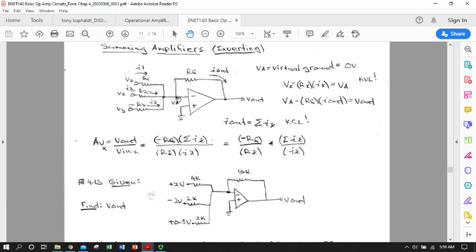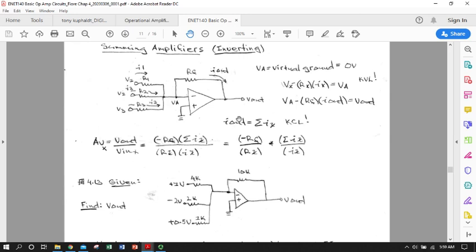Not surprisingly, all of those currents are going to combine at VA. By Kirchhoff's current law, if we have I1, I2, and I3 flowing into VA, the I out flowing out of the VA node is going to have to be the sum of those currents.